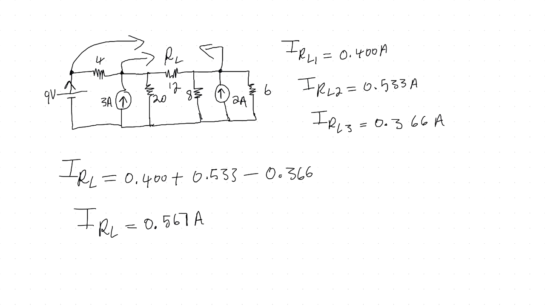Now we can prove our answer using Thevenin and Norton. You are aware of Thevenin and Norton? Yes, I am. So let's prove our answer using Thevenin and Norton. Both laws must give you the same answer.